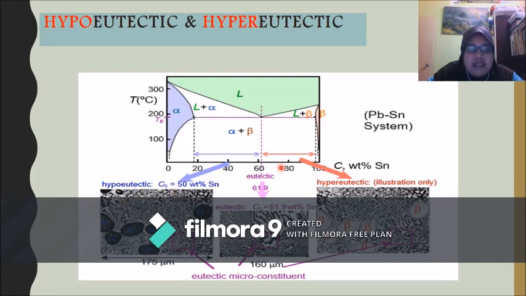If it is placed to the right of the eutectic point, the red color arrow, then it is called hypereutectic alloy. In hypoeutectic alloy, it contains alpha nuclei, and in hypereutectic alloys, it contains beta nuclei.